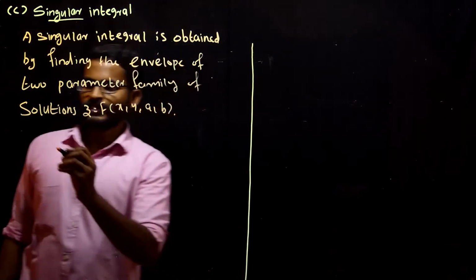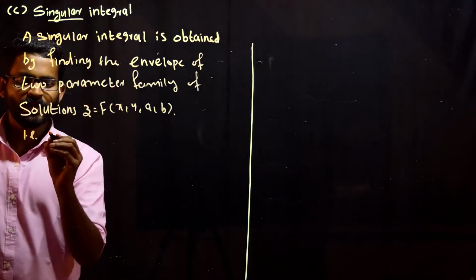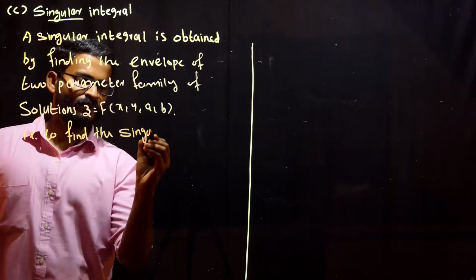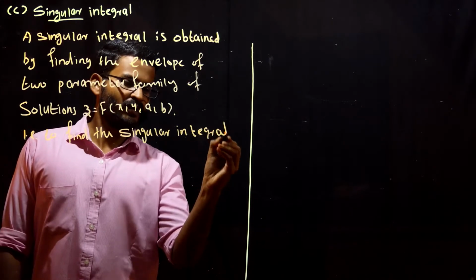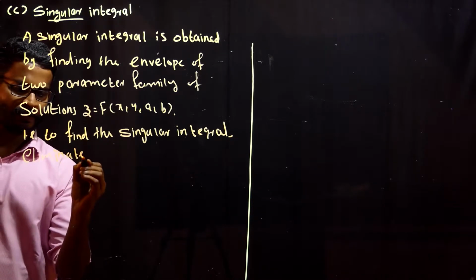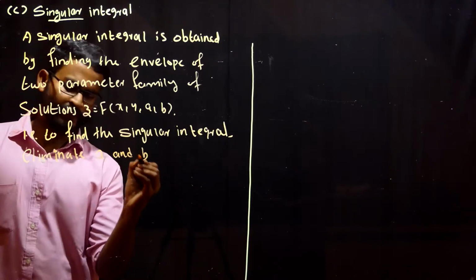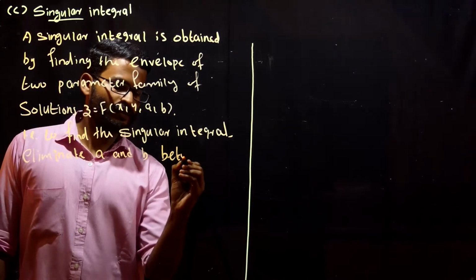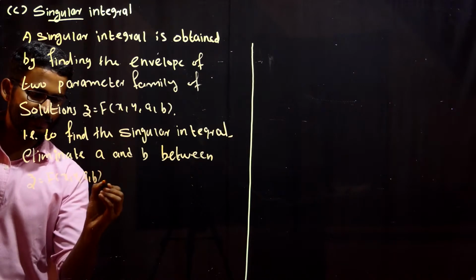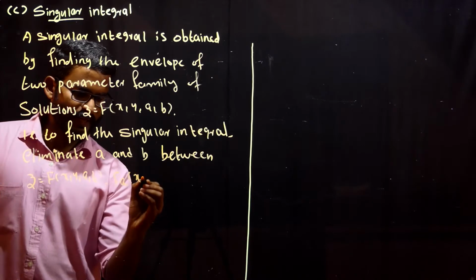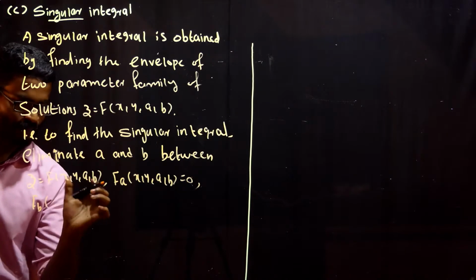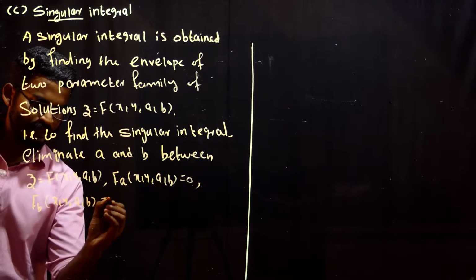That is, to find the singular integral, eliminate the parameters a and b between z is equal to f of x, y, a, b, fa of x, y, a, b equal to 0, and fb of x, y, a, b equal to 0.